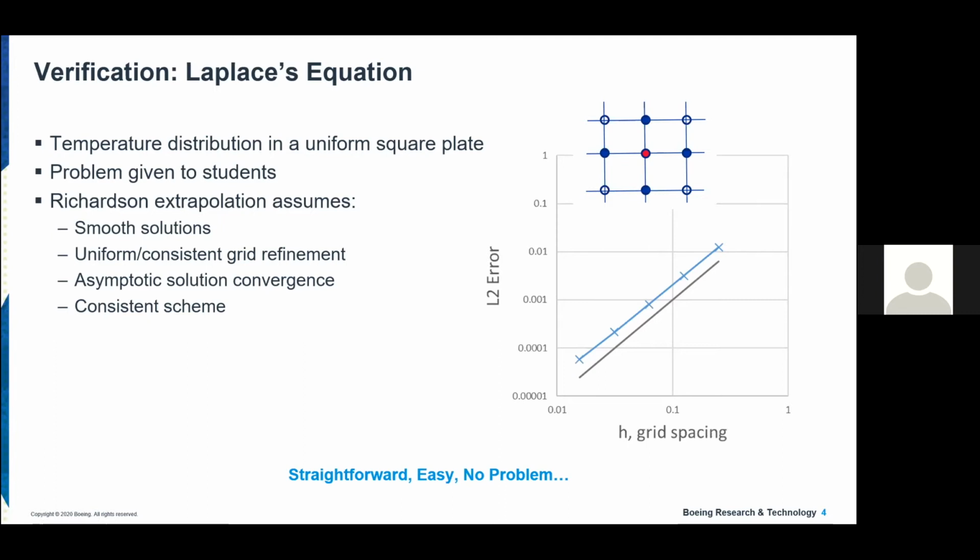So this verification seems like a straightforward, easy situation with no problems to worry about. This is all contingent upon the ideas behind Richardson Extrapolation, which assumes that we've got smooth solutions, uniform or at least consistent grid refinement, that we're in the asymptotic region of solution convergence, and that we have a consistent scheme. In those situations, Richardson Extrapolation tends to work very well.